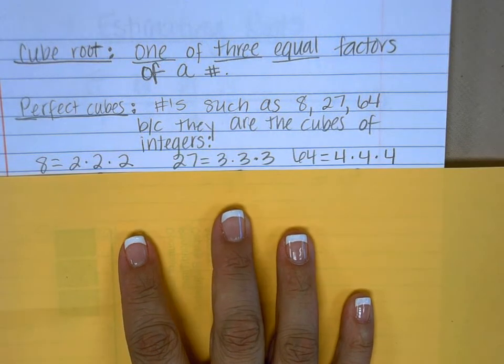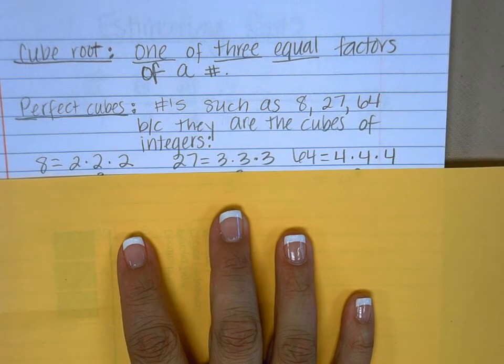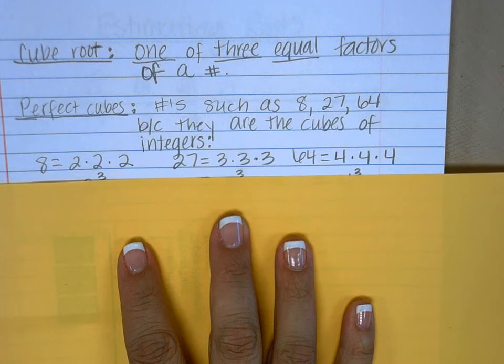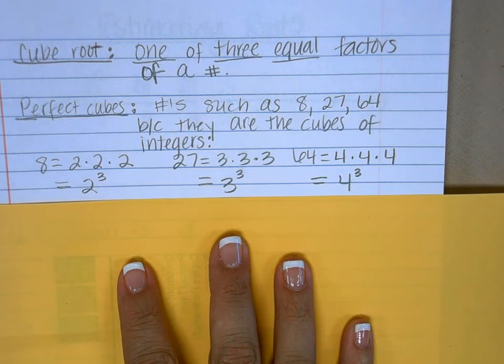For instance, if you break 8 apart into 3 equal factors, you have 3 2s. 27 would have 3 3s, and 64 has 4 4s.